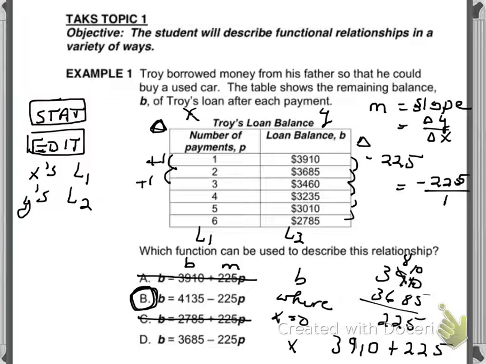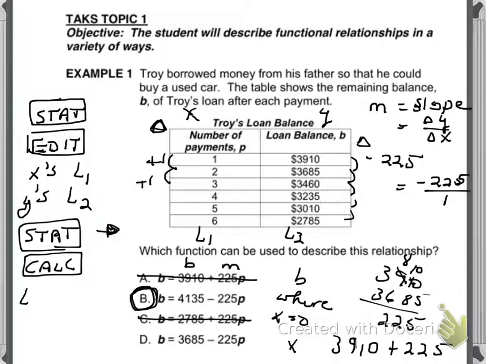Then, after you do that, you hit Stat again. And then you're going to arrow over. It's a menu at the top, which is going to be Calc. So you're going to have to hit the arrow to go there to get to Calc. And then you're going to pick the choice, and I think it's 4, but it says LinReg, or linear regression.